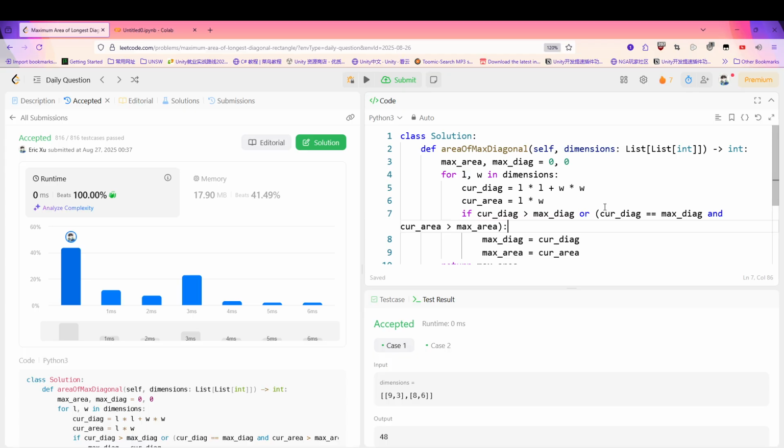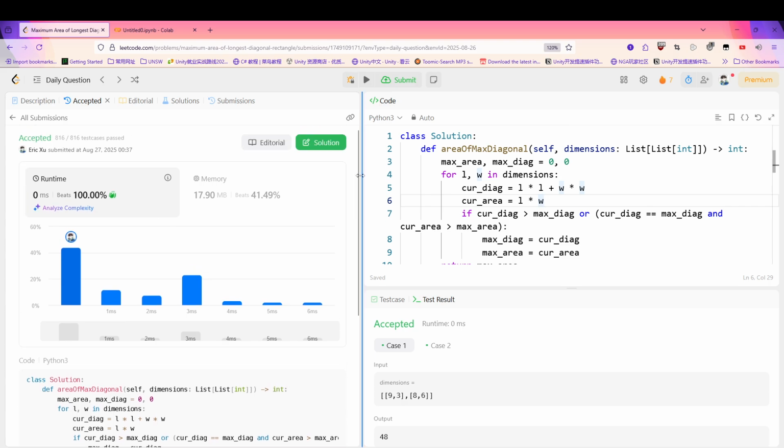So in summary, we solve the problem by keeping track of the maximum diagonal squared, not the square root here. And in case of a tie, we need to choose the rectangle with the larger area, and this helps us avoid the mistake. I think this is very important in the whole question.